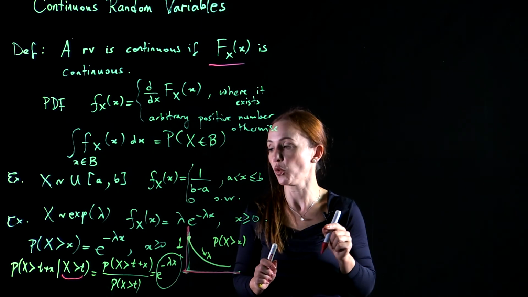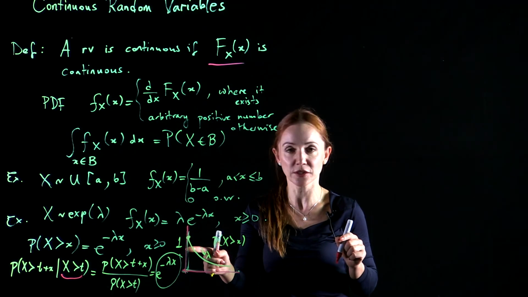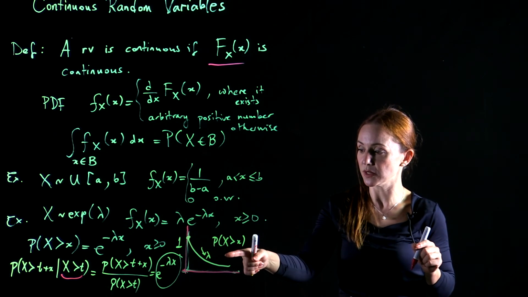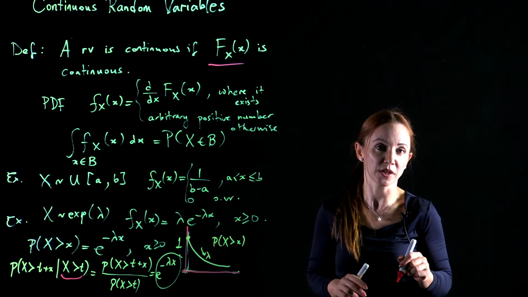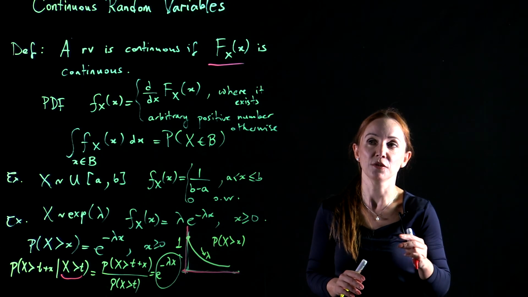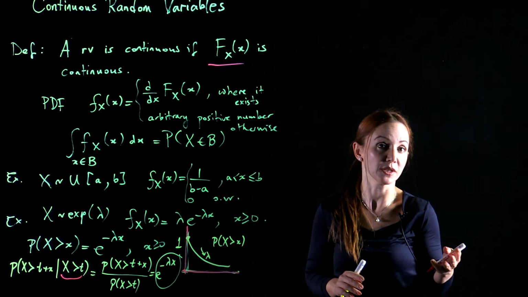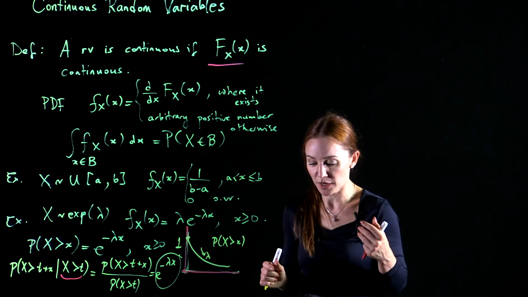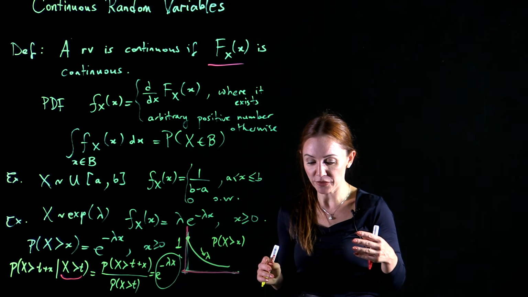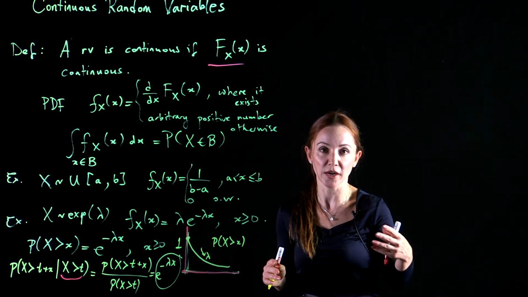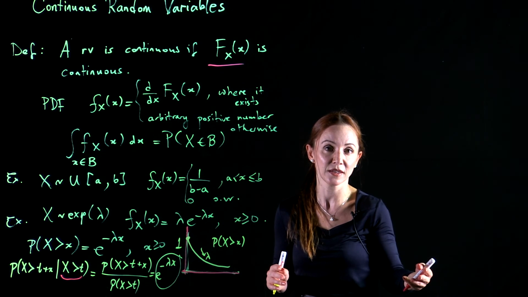Another very important point, by the way: the discrete correspondent of this distribution is the geometric. The geometric random variable also is memoryless. That comes from the fact that the geometric is simply counting the number of trials until we get a success.